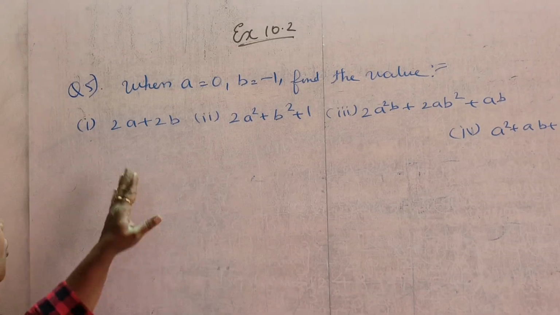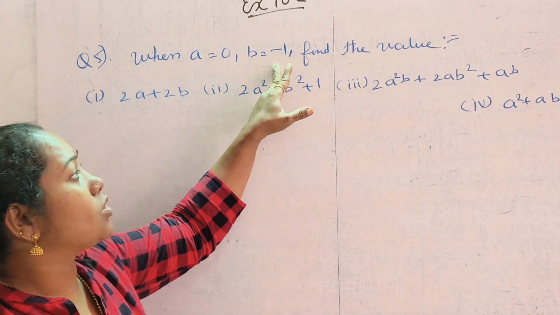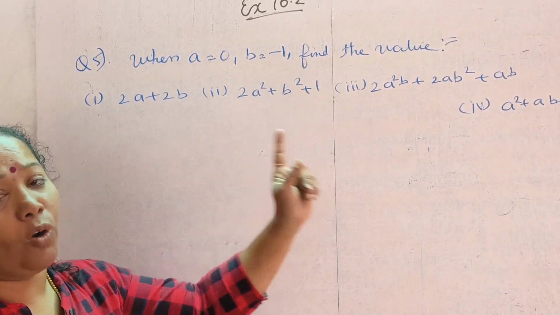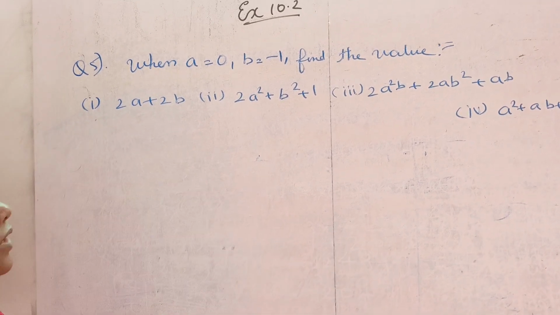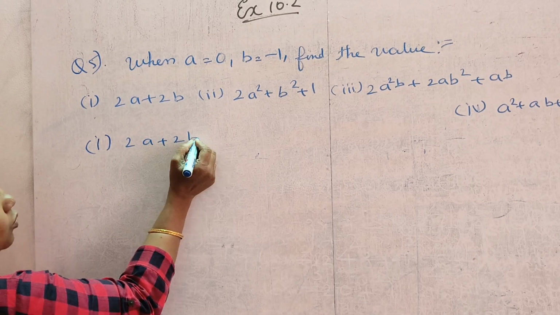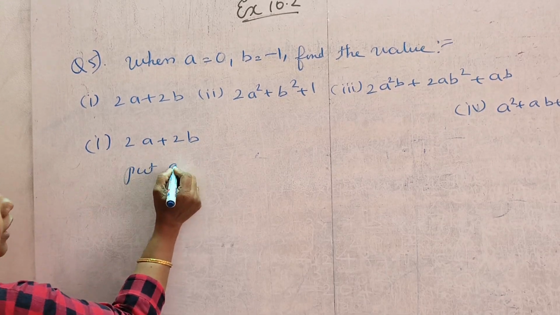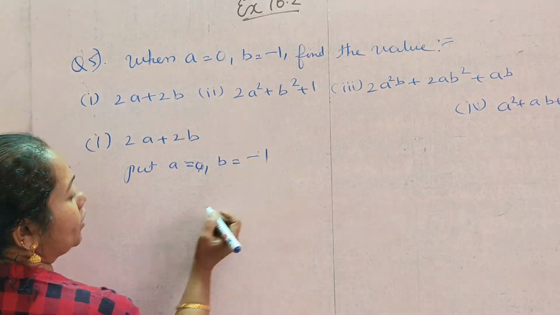Okay. Now question number 5. When a equals 0 and b equals minus 1, find the value of the following expressions. The first question, 2a plus 2b. Put a equals 0 and b equals minus 1.